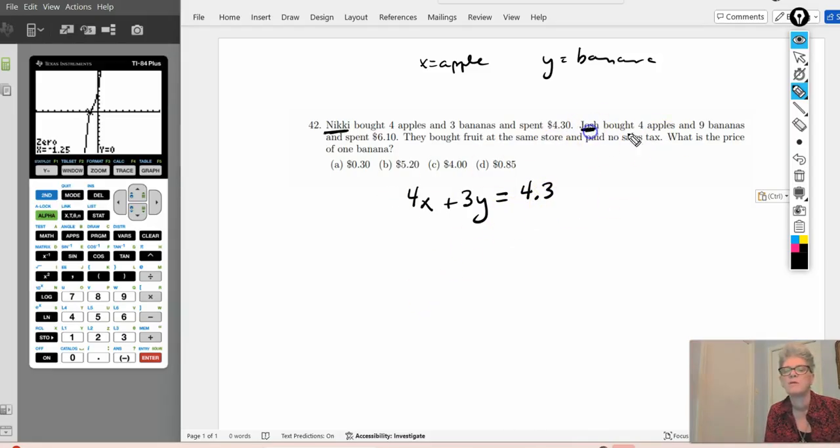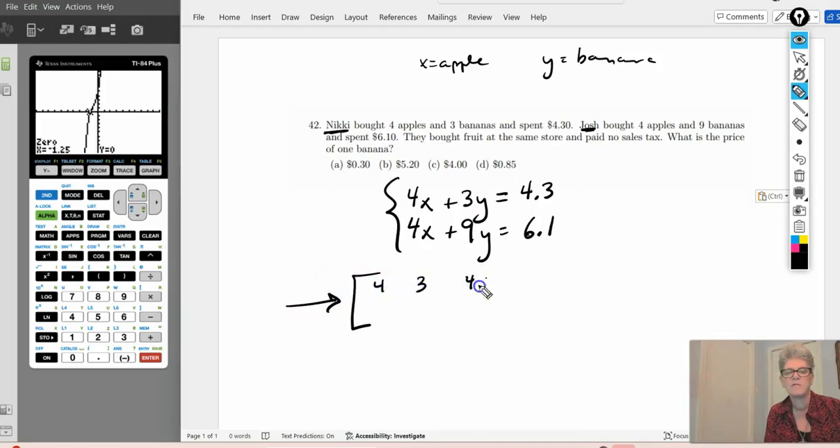And then Josh gives me a formula. He bought 4 apples and 9 bananas, and he spent 6.1. So there's my system, and I can write an augmented matrix, or you can do substitution and elimination by hand.